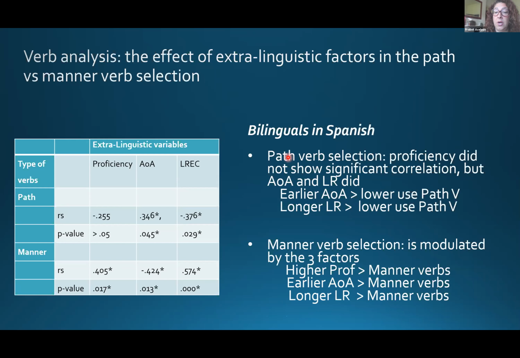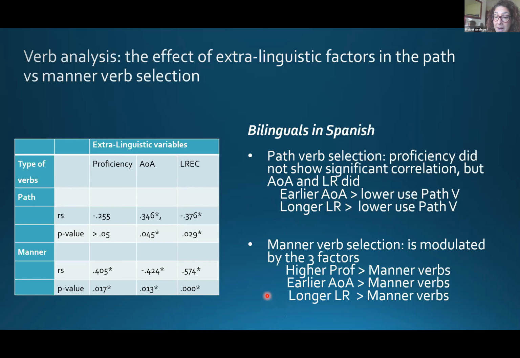So for example, regarding the path verb selection, proficiency did not show a significant correlation, but the earlier the age of acquisition, the lower the production of path verbs in Spanish. And the longer the time of residency, the lower the production of path verbs, sorry.